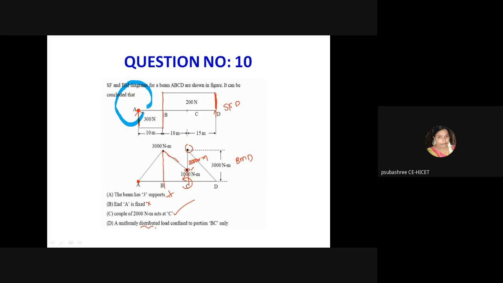So now you remember it is the point load. Then points B, C, D also have the rectangular shape, so here the point load is acting.